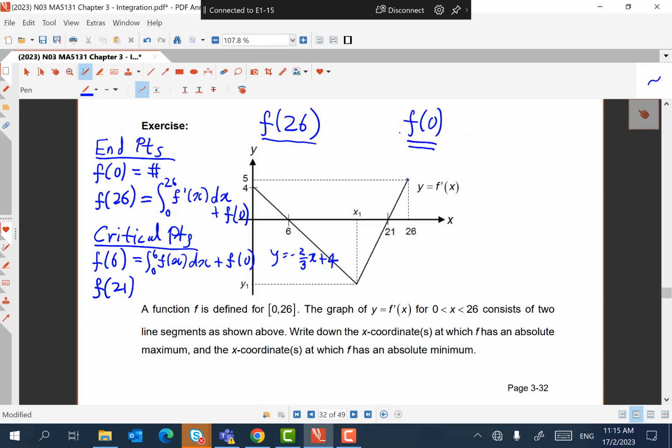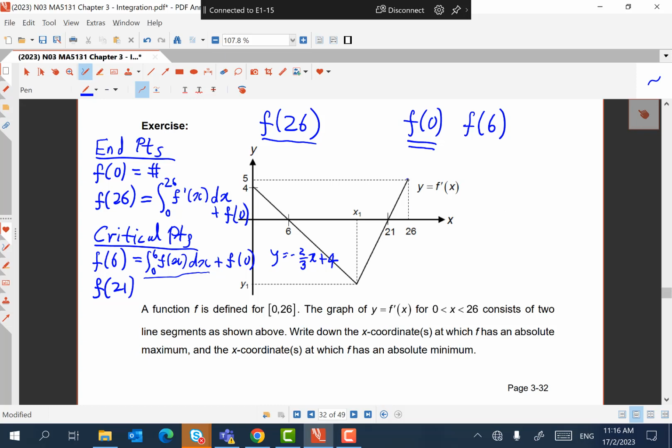Now in the case of f6, compared to f0, it's bigger. Why is f6 bigger? This portion here is positive. Integrating from 0 to 6 of f prime is positive. So therefore, f6 is certainly bigger than f0.